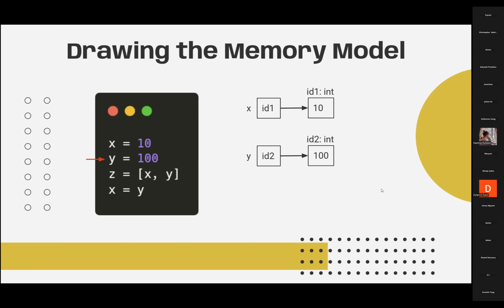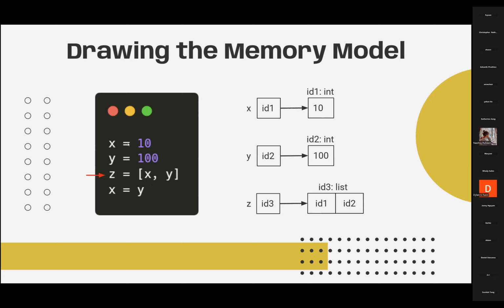Afterwards for Z, Z will also have its own ID, but instead of just pointing to some value, it's going to point to this list, which contains the IDs of X and Y. It's important to note that you don't want to make the mistake of putting the values given to X and Y into here. Rather, you want to give the IDs of the variables X and Y.